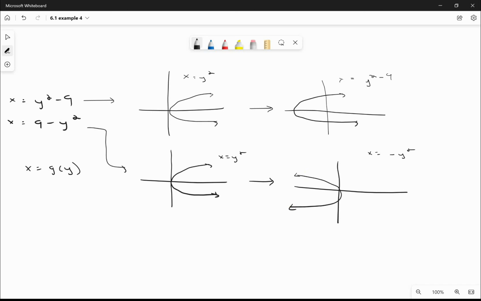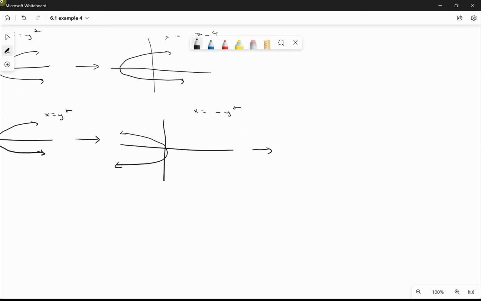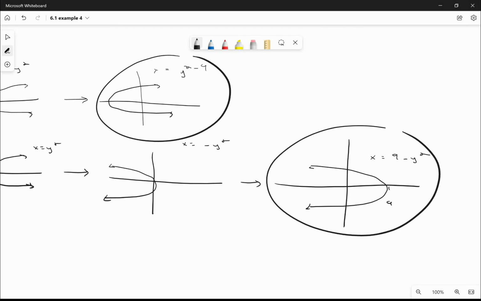But we're not done yet, we have x equals 9 minus y squared, so we have to shift this over 9 units to the right. So it looks like that. These are our two curves, and this is going to be the -9 right here.